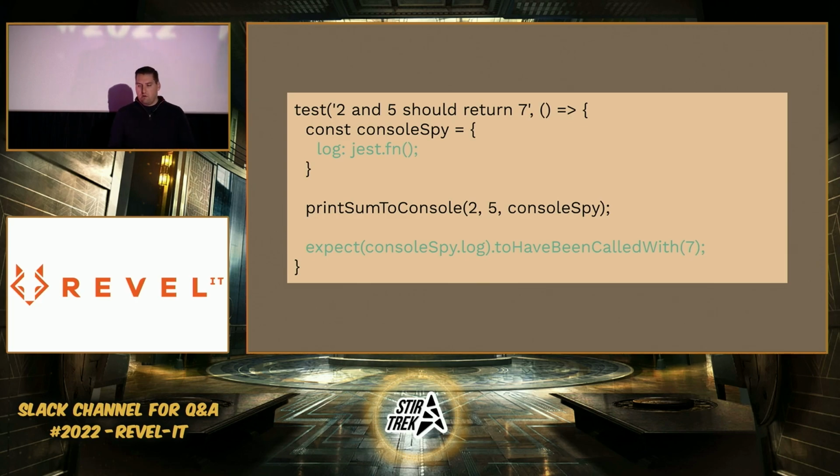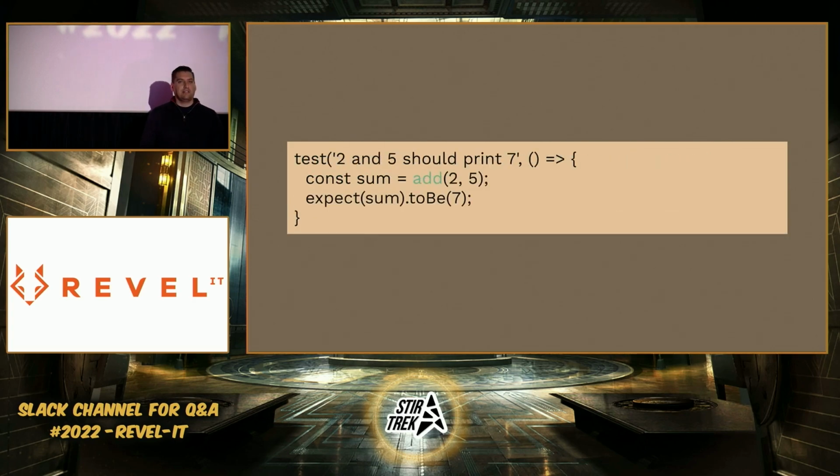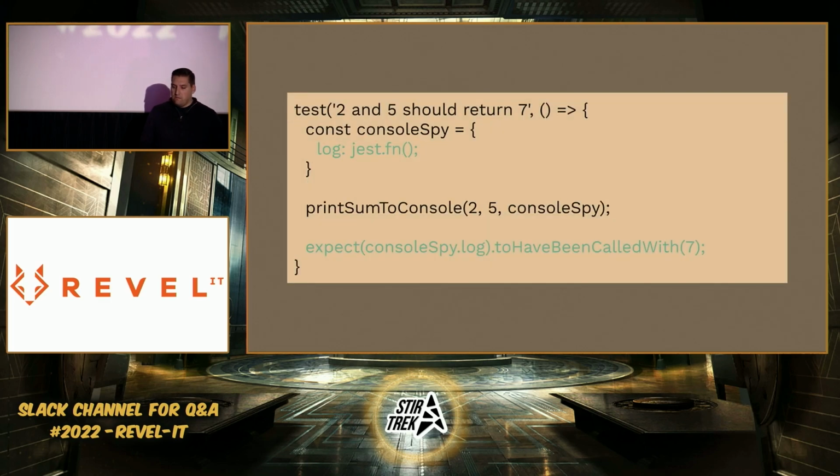So whenever possible, it's good to have code design that allows us to write these kinds of tests. So would there be a way to print the result of this addition to the console so that it's a useful program to the user, but have simpler tests to make sure that we're adding stuff together properly?